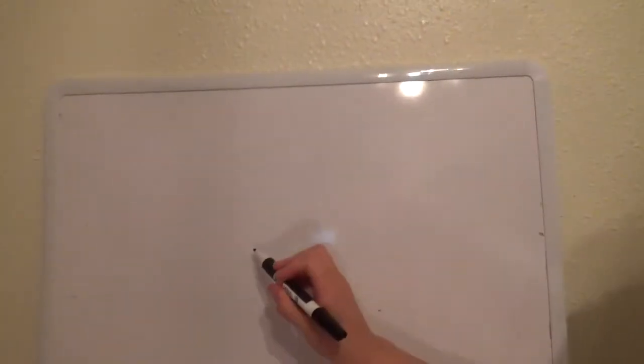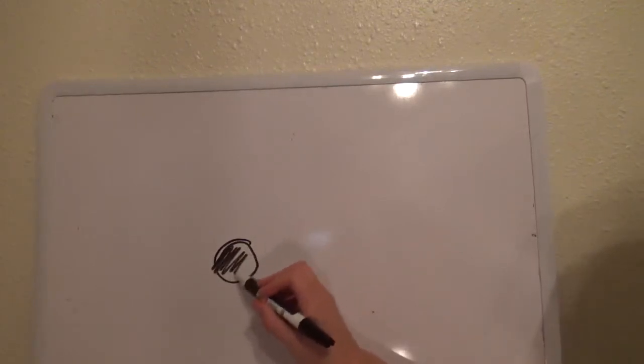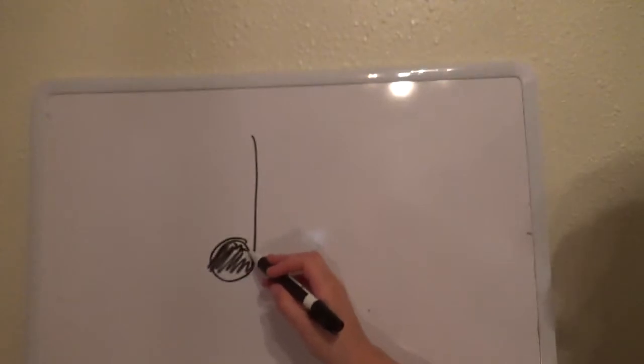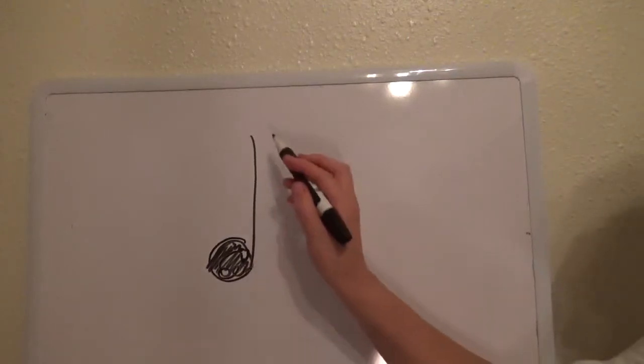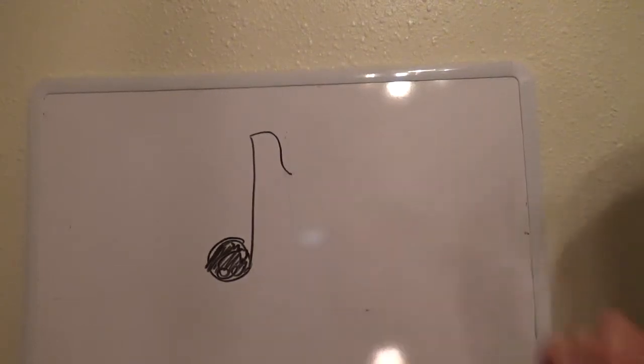So that's why I'm going to spend some time explaining the note that follows. Okay, so this note looks like a quarter note that we went over in our previous lecture. The only difference is that this note is going to have what's called a tail, okay?